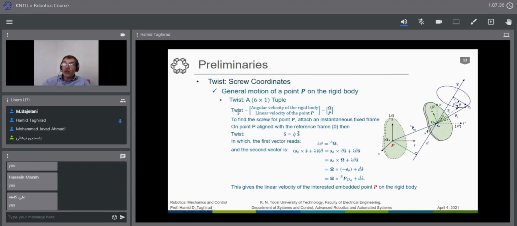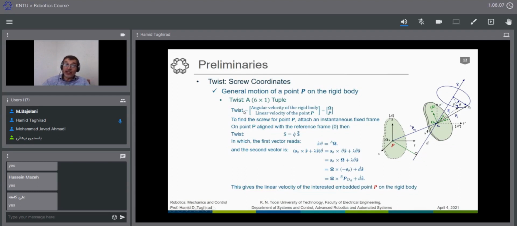The 6 by 1 tuple, we call it twist, as a vector of the angular velocity of the rigid body plus linear velocity of a point P. So if we put both of them together, this is called twist, and it's called the screw coordinate. Now, this is not a unit vector. It has an amount of q dot here.